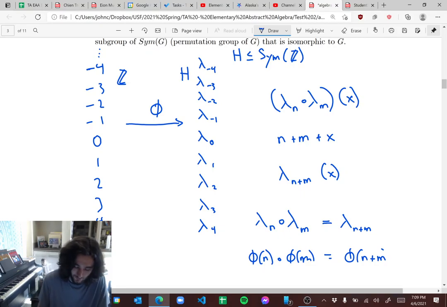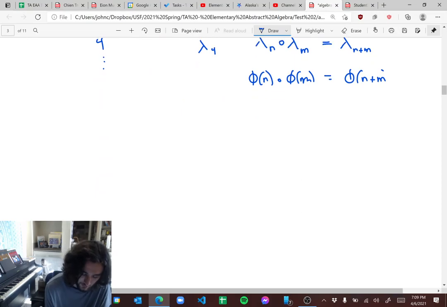So the answer to the question, what is the subgroup that is isomorphic to G? Well, it's this thing that I called H, which is the set of all lambda n's, which turn x into n plus x, or you could say x plus n, it doesn't matter.